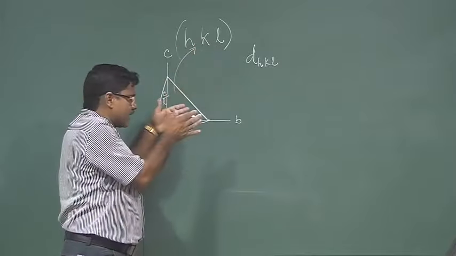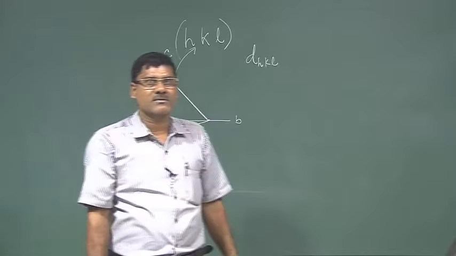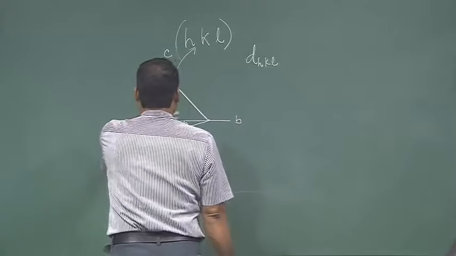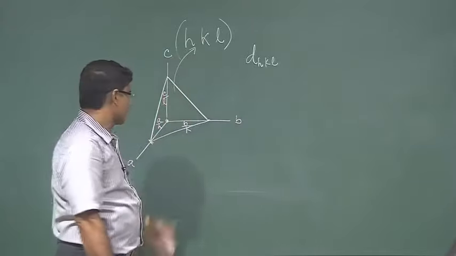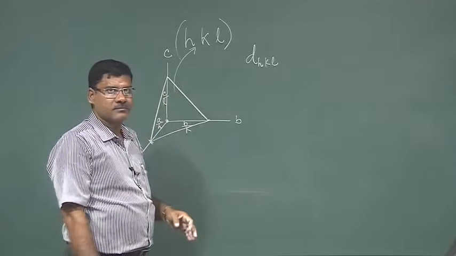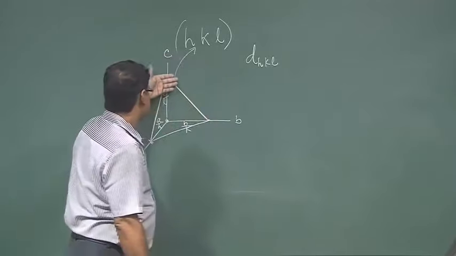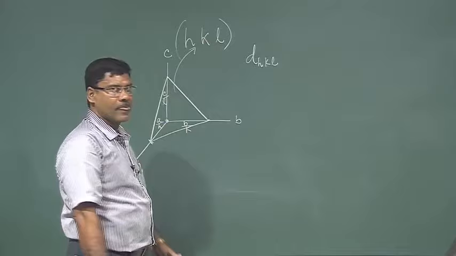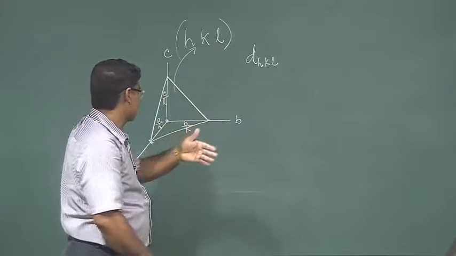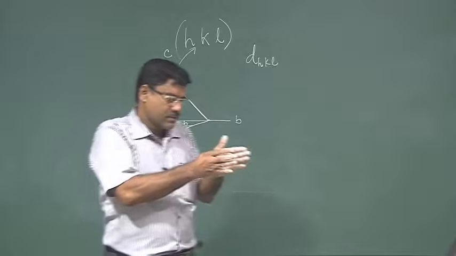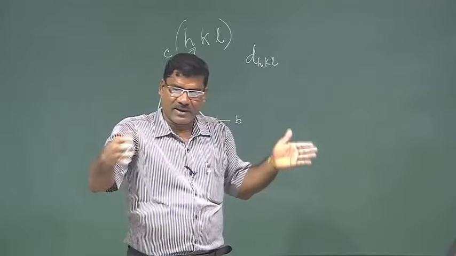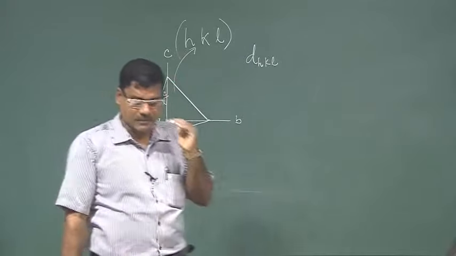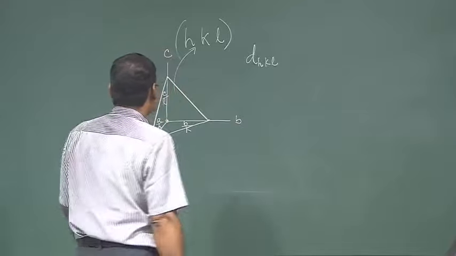Now, what is the interplanar distance of HKL planes? That we want to find out. Okay. Here we can consider that through the origin there are these parallel HKL planes, and on the other side, the back side, again. Okay. So a lot of parallel planes. One plane passes through the origin of the axis, parallel to this.